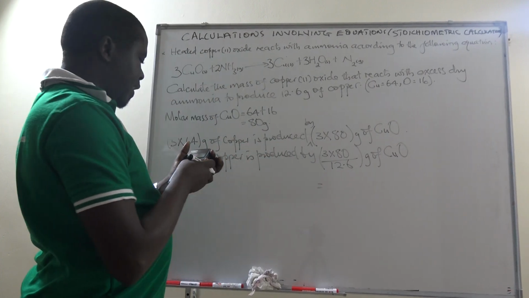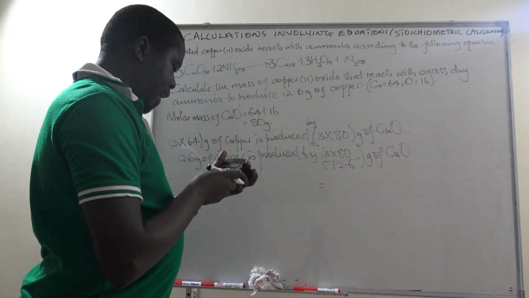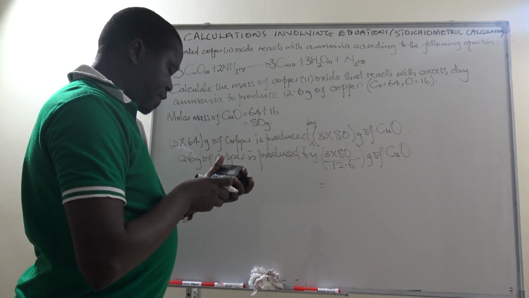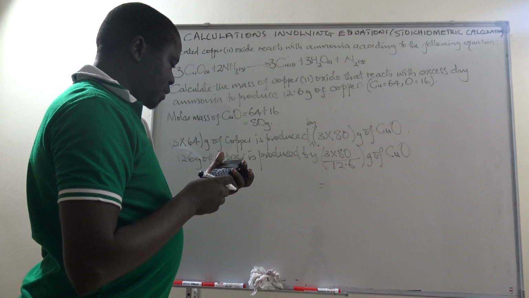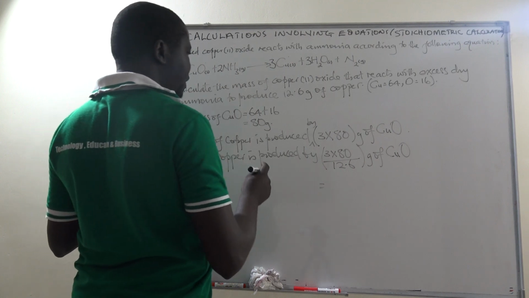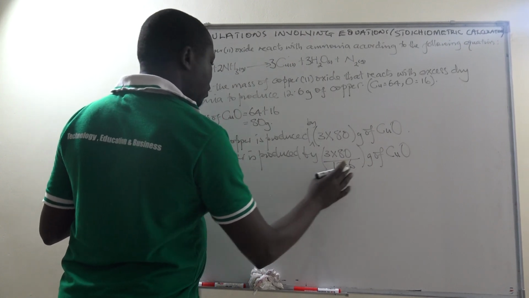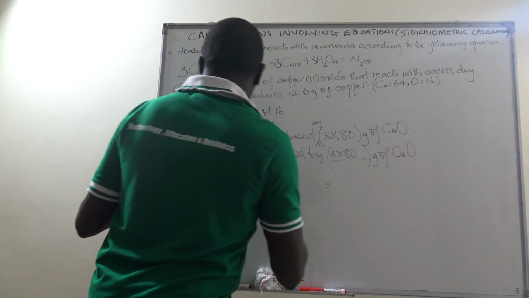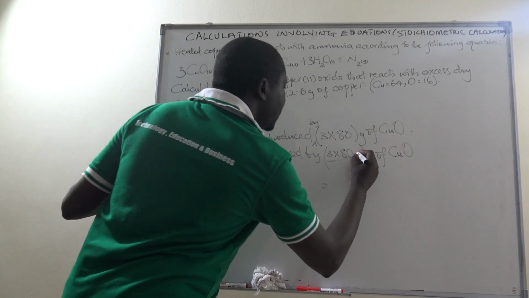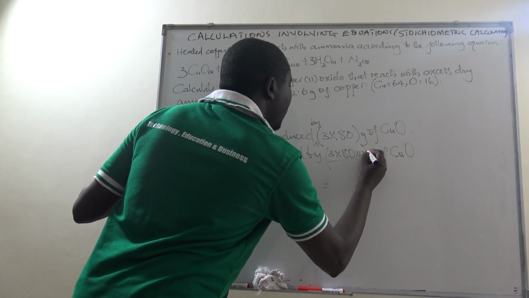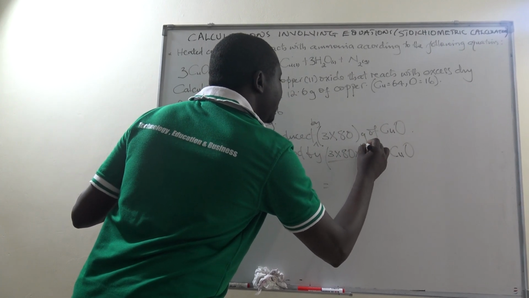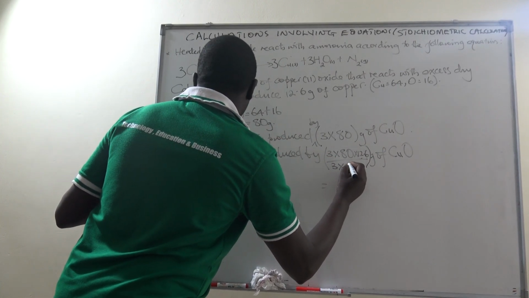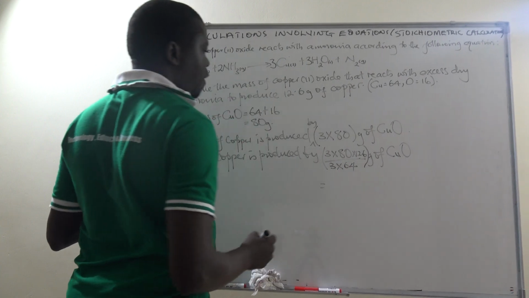And let us get the answer. 3 times 80, which is 240, divided by 12.6. Let us take this 12.6 there, so it will be times 12.6, and then we divide by 3 and by 64.